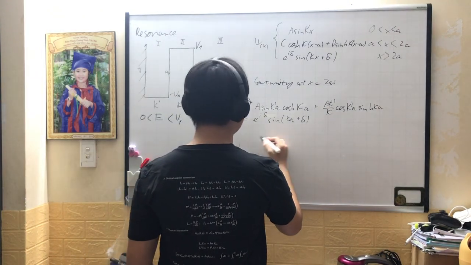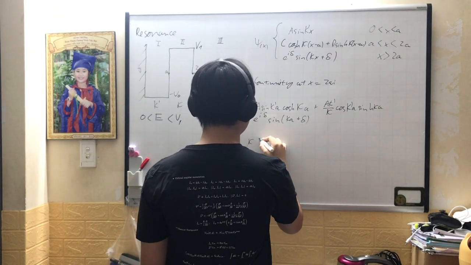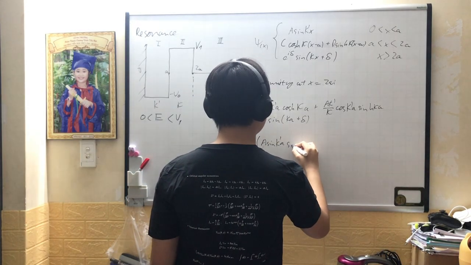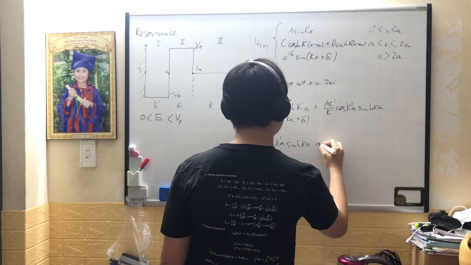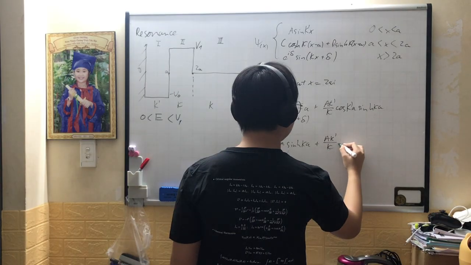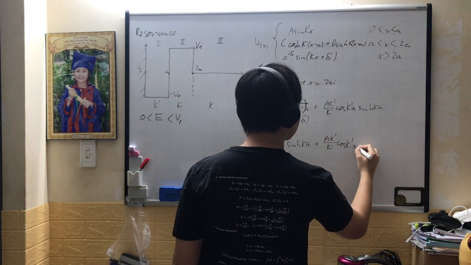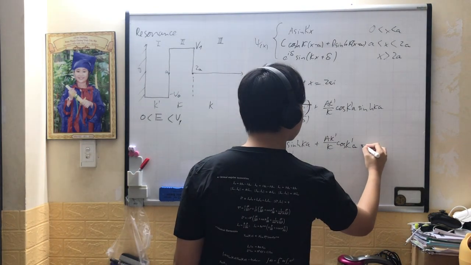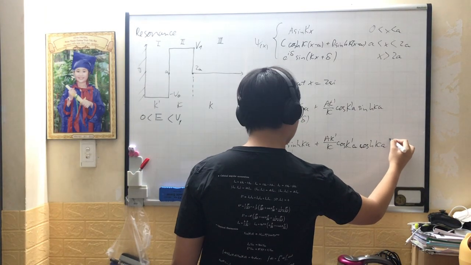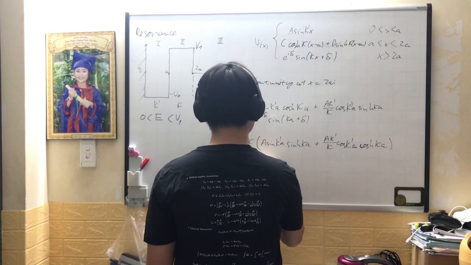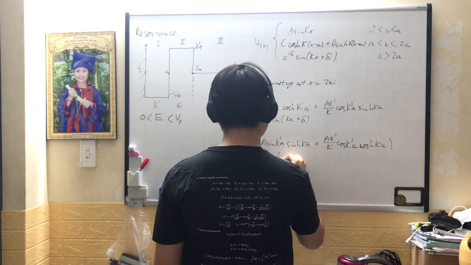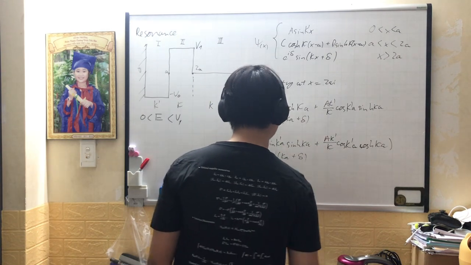Which is, you take the kappa out. Inside is sine k prime a sinh kappa a plus this, the d cosh kappa a. This guy would equal to k delta sine ka plus delta.